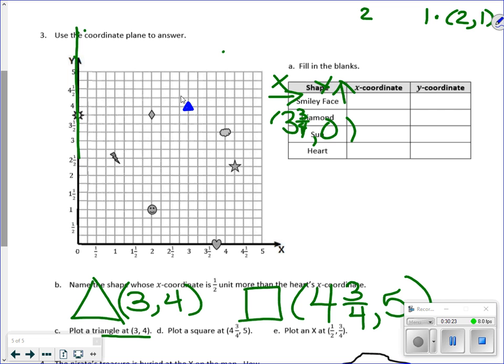Up 5. So your square should be all the way up there. 4 3/4 goes the line in between 4 1/2 and 5, and all the way up top.